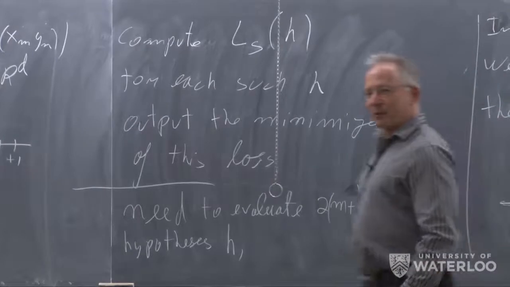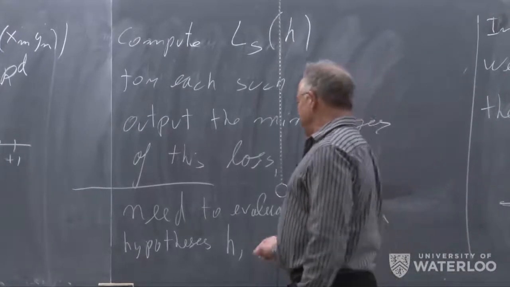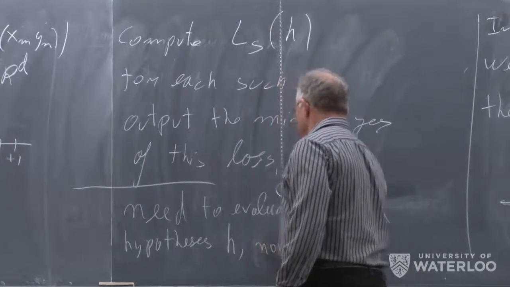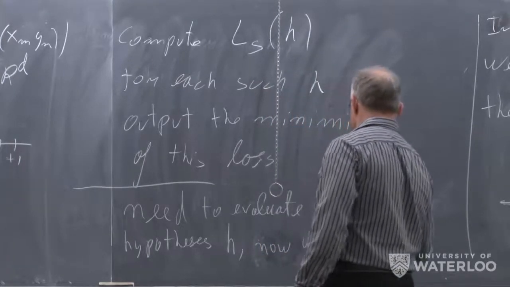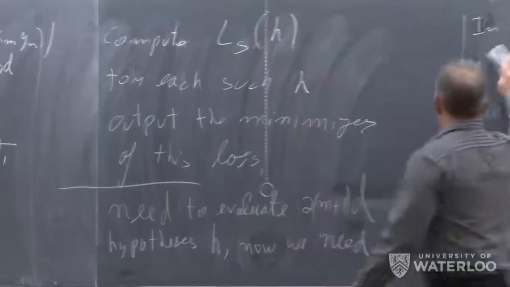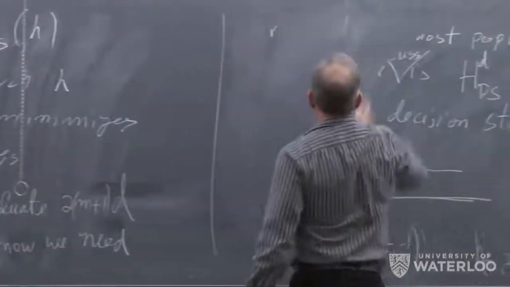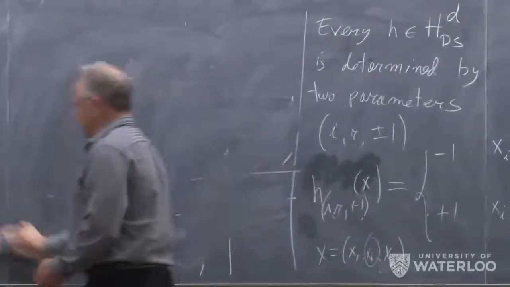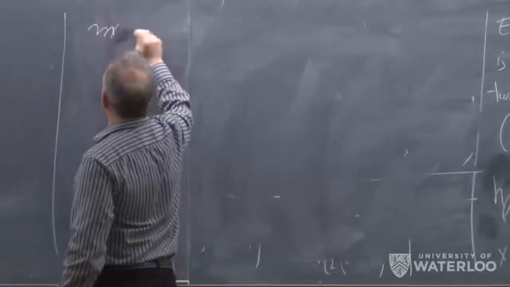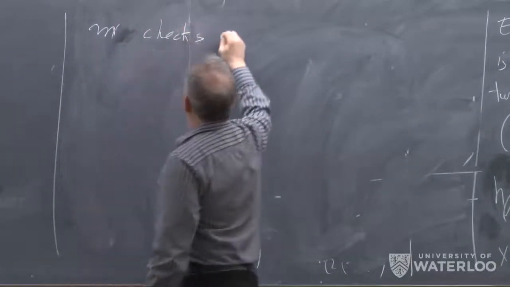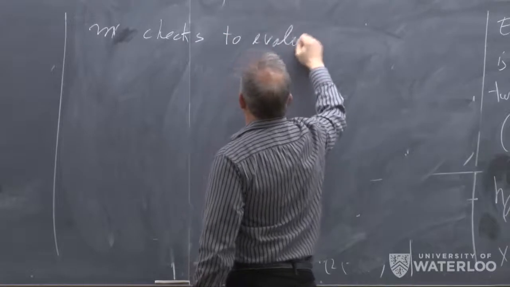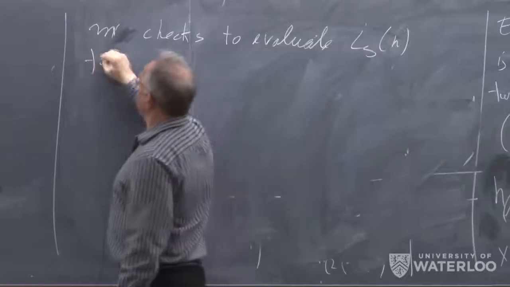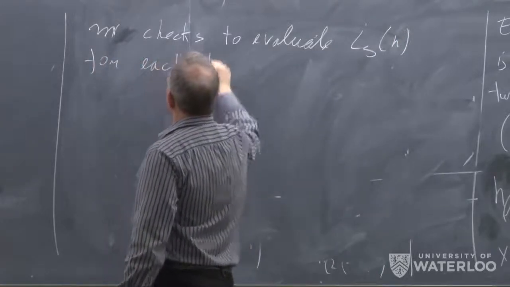Right, so roughly speaking, in principle, we need M checks to evaluate the loss for each h.